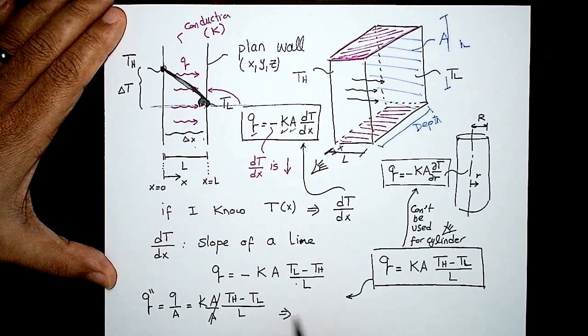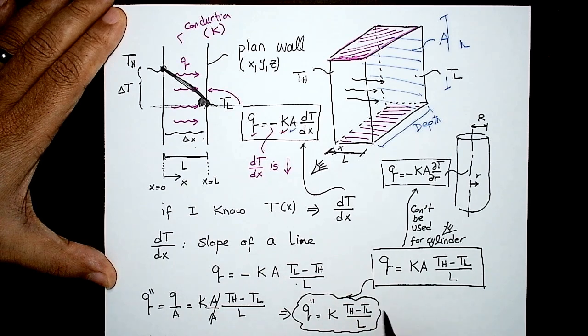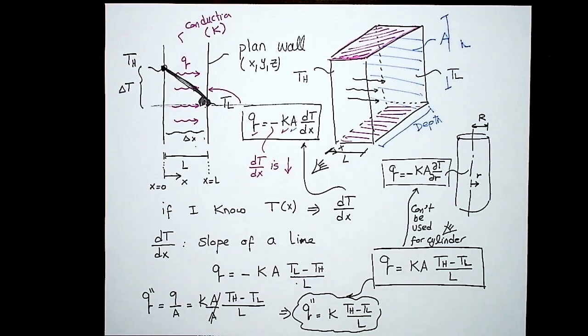So Q double dash can be simply calculated from K delta T over L, or TH minus TL divided by L. So you remember I told you, if you know what Q is, you can divide by the length, you get Q dash, you divide by the area, you can get Q double prime, which is the heat flux. You divide by the volume, you can get Q triple prime, and so on. So this is just to show you how to use the equation for deriving other variables that we may need to calculate.